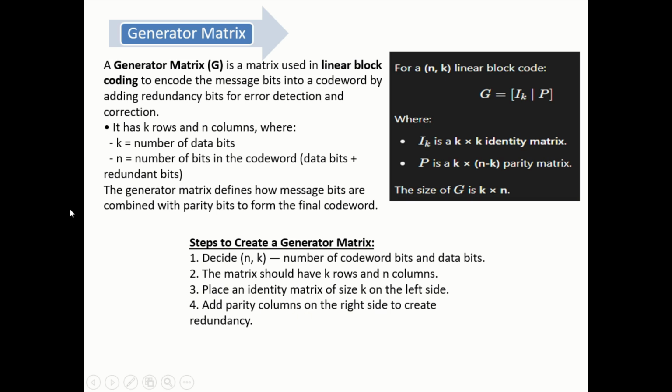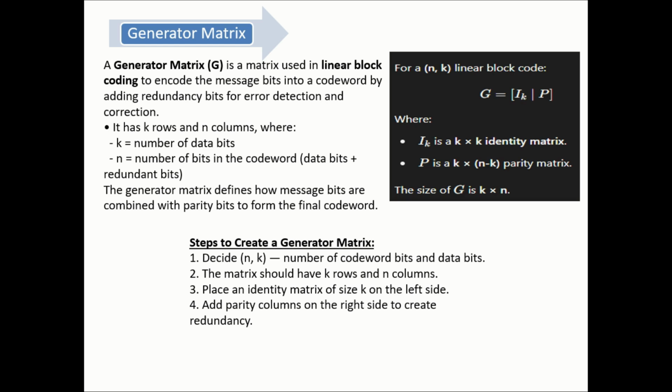The generator matrix is not created beforehand; it is created at the time of sending, with the message bit. After encoding it will be sent. So we want to identify how we can create our own generator matrix for encoding the message bit into a code word.